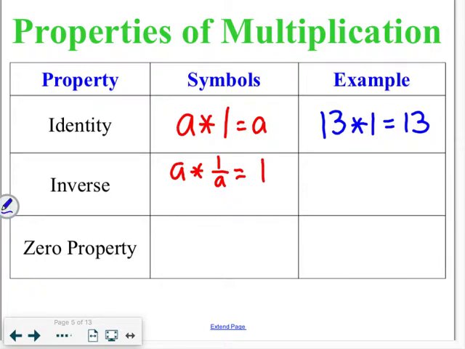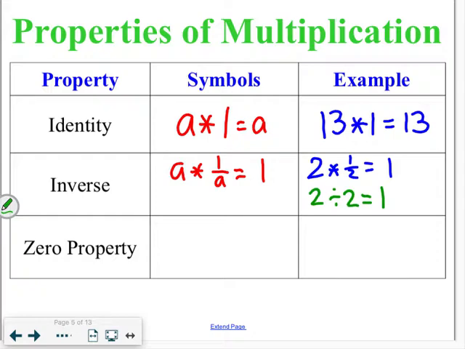So for example, we have 2 times 1/2, which is equal to 1. Much like the addition property, multiplying by half is the same thing we know as dividing by 2. So the inverse is just giving us that opposite operation.